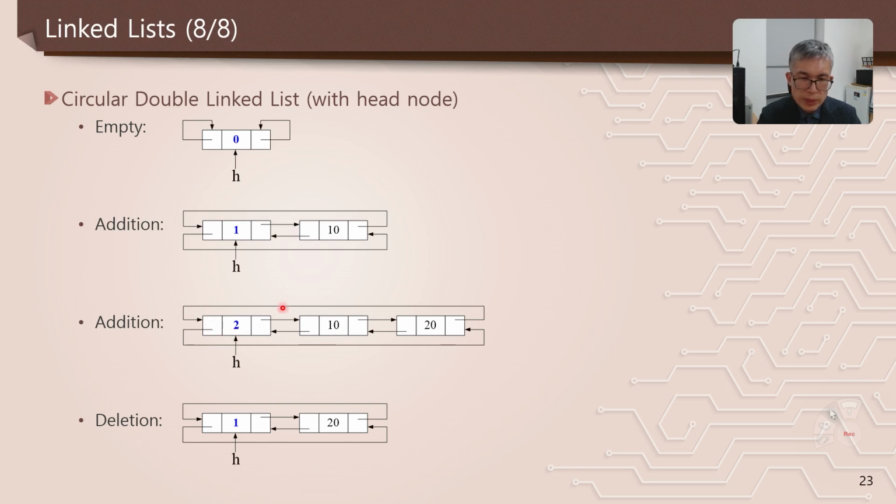So we can make a circular linked list, and from H we can navigate like this. We can go back. The delete case, right? So we handle the pointers. Delete this one: this next points to this one, this previous points to this one. Other pointer values are the same.